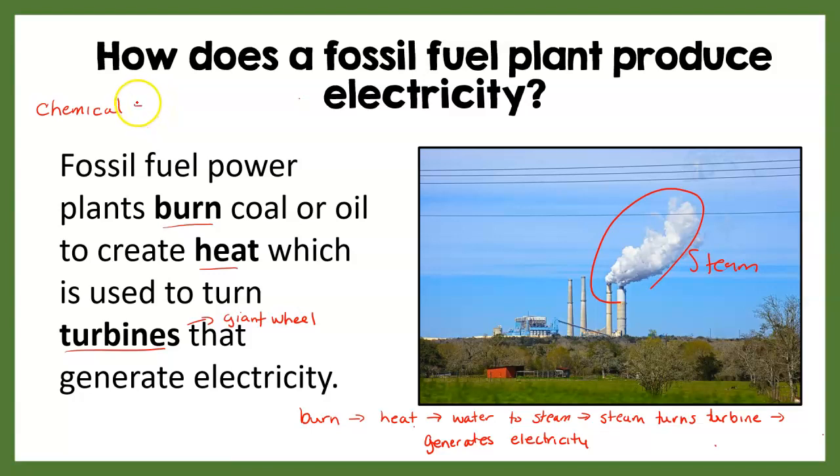Once we burn it, that gets transferred to thermal energy. That thermal energy is used to make steam, which then turns a turbine. So the turbine is undergoing mechanical energy, and that mechanical energy is transferred to electrical energy.